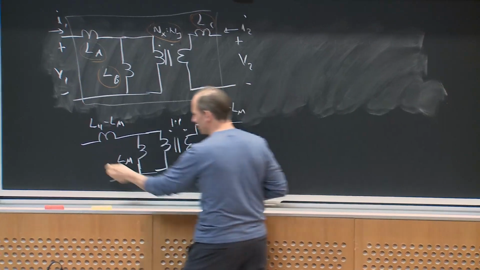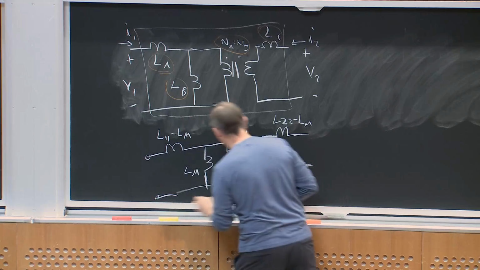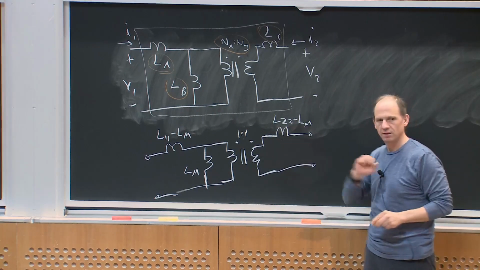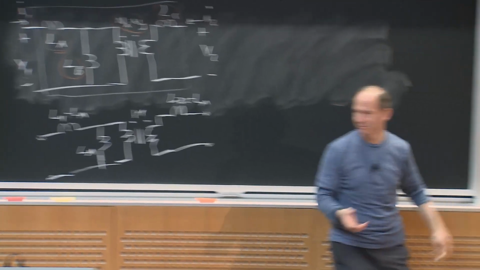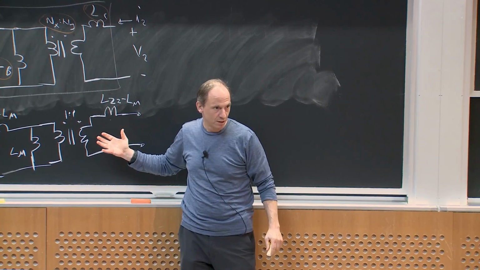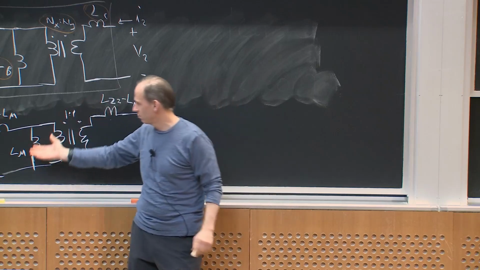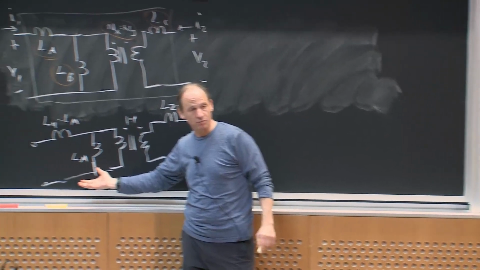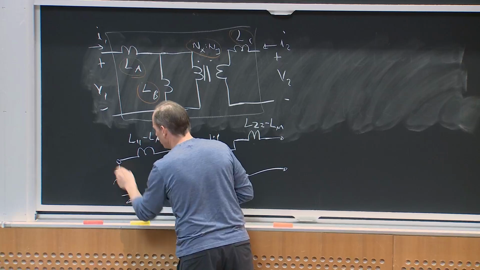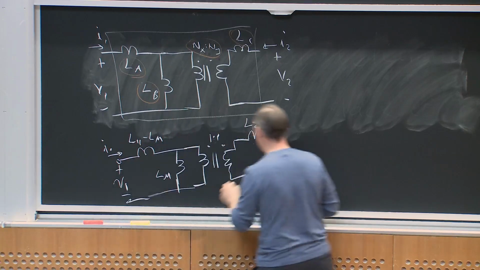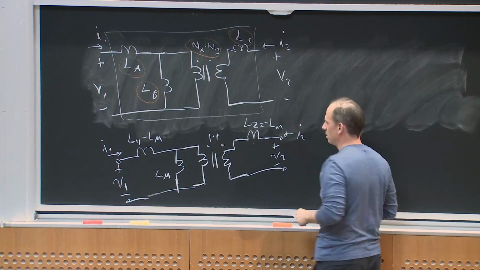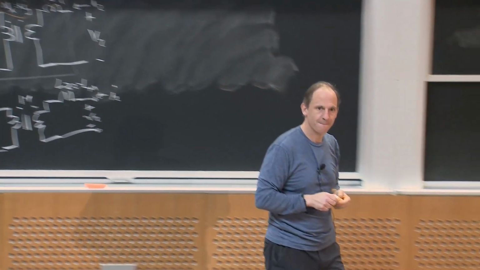Okay? So the nice thing about this circuit model is if I know the inductance matrix, and all I know is the inductance matrix, this is a perfectly good model for a transformer. The parameters may not represent anything physical, but it still gives me the right relationships between V1, I1, and V2, I2. Any questions about that?